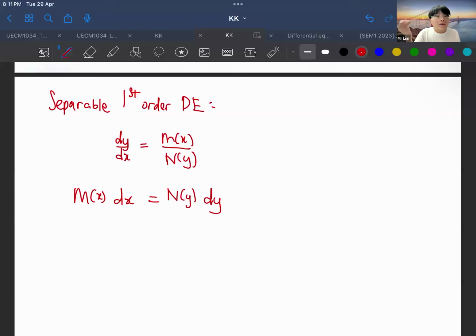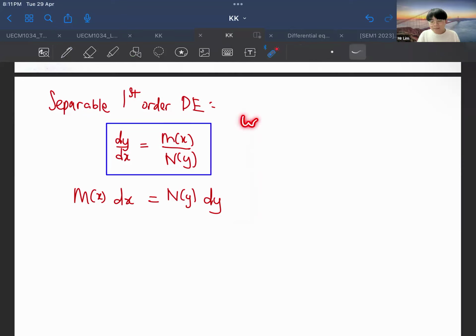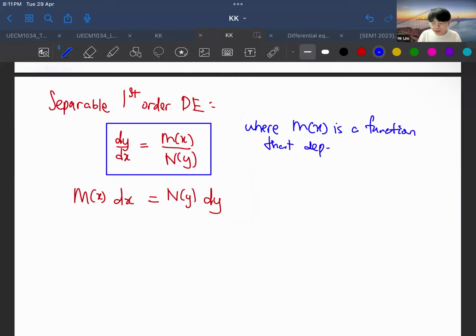I don't wish to write everything in full detail, so I'm just going to give you a very rough idea of what you expect to write. This is the pattern, the definition. You can write it yourself. I just give you some simple idea because I know that you are very new to this writing. You can say where M(x) is a function that depends on x only.